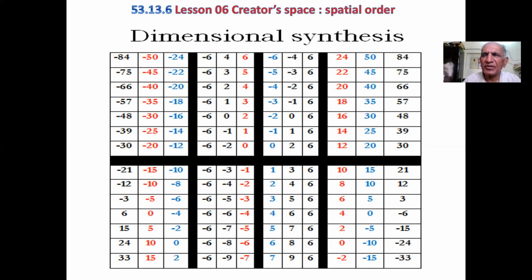The table on the computer screen is a complete tabulation of the dimensional synthesis values of any number of dimensions of any dimensional order. This is the ultimate spreadsheet of the attainment potentialities of the spatial axis. It is a very wide spreadsheet.